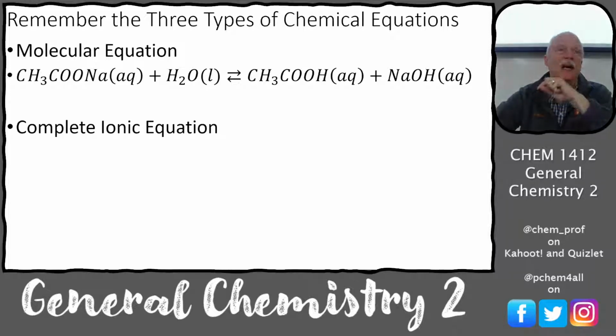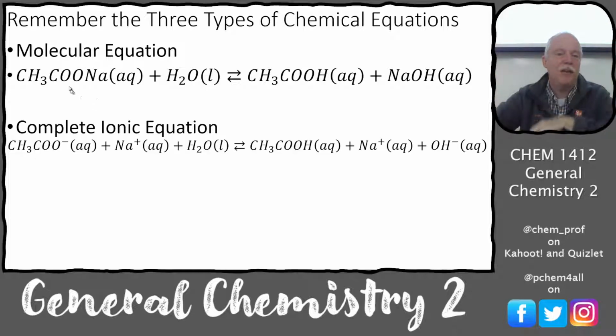The complete ionic equation, where if it's soluble in water, you split it apart. And so the sodium acetate is soluble in water, and so we split that apart. As soon as we put that in water, it forms ions. It has the acetate anion and the sodium cation. And water is fine, it's liquid. Then we have the acetic acid, which is a weak acid, so it hangs onto the proton in the molecular form.